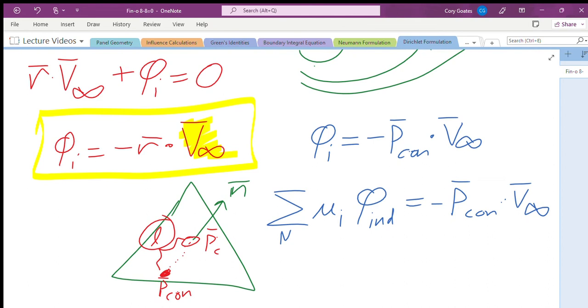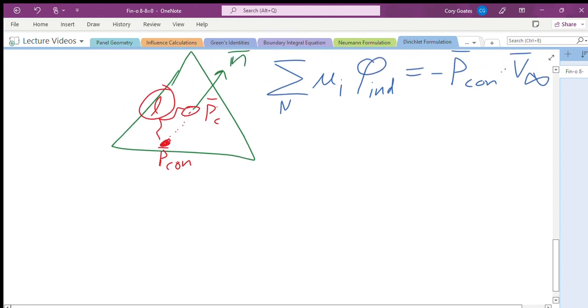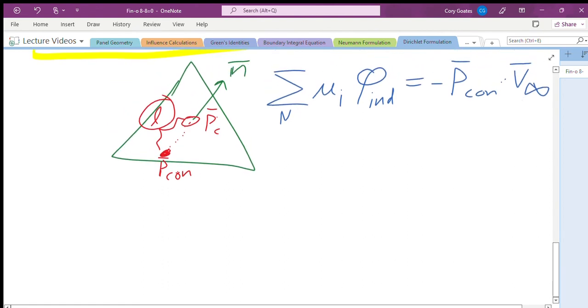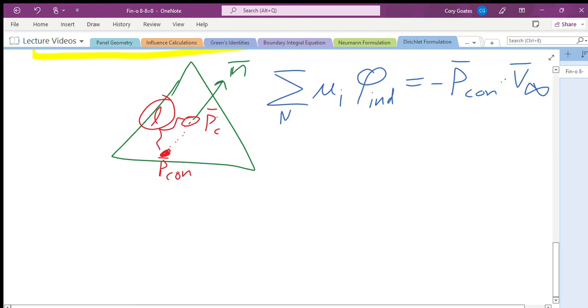Now, if I introduce slightly different nomenclature, and I say that I'm going to index my control points with i, and my summation over the panels is going to be j, then I can write this equation in a slightly different manner, and that might look a little more familiar.